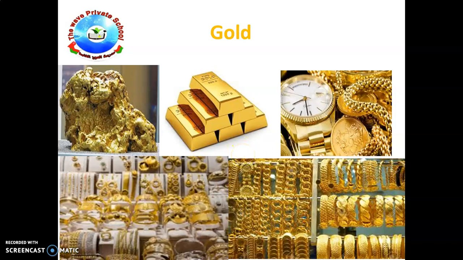Some metals are very shiny, such as gold, platinum and silver. These metals are very shiny and bright, and because of this reason they are made into jewelry. Gold, platinum and silver are used for jewelry because they are very shiny and bright.